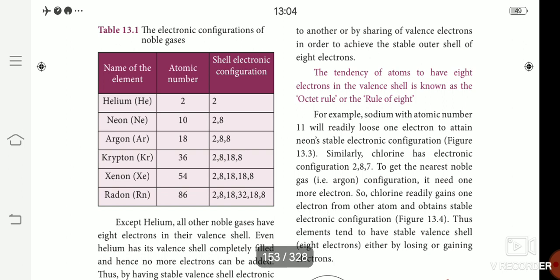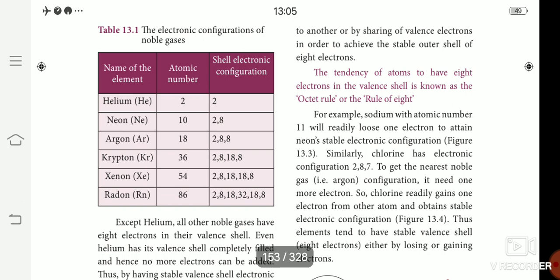So the first shell is 1s2, the presence of 2 electrons, completely filled. Then the second shell is 2s2 and 2p6, 8 electrons, completely filled, and the third shell is 3s1. This third shell is unstable, it is not completed. So sodium loses 1 electron.